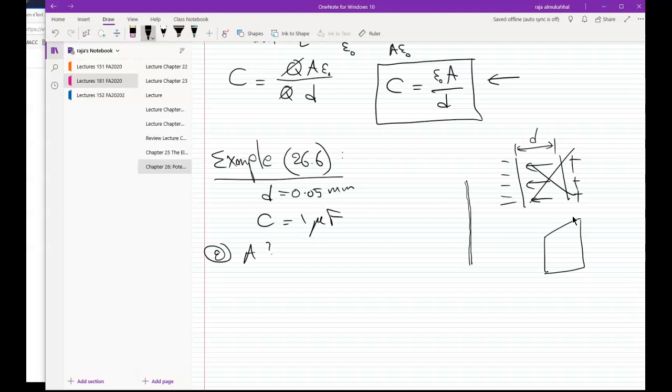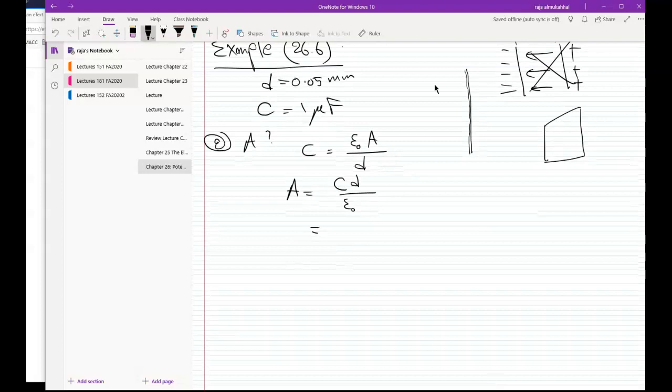Now I want to show you how big the surface area is compared to that. So we basically go back to this formula right here. I have C equals epsilon naught A over D, and I am looking for A. That will be CD over epsilon naught, and that's it. Just plug it in.